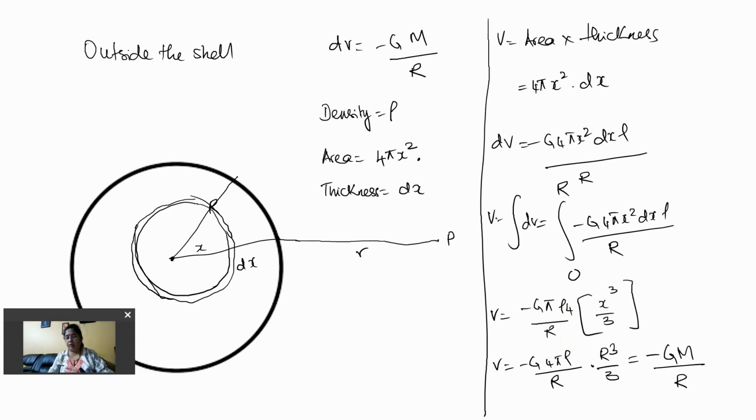Now we need to see the potential on the shell. Actually, this is fairly straightforward.